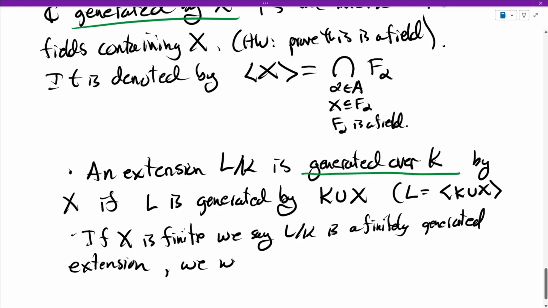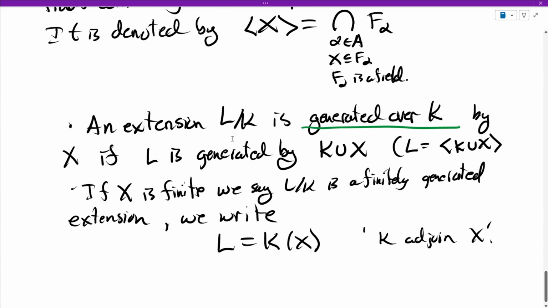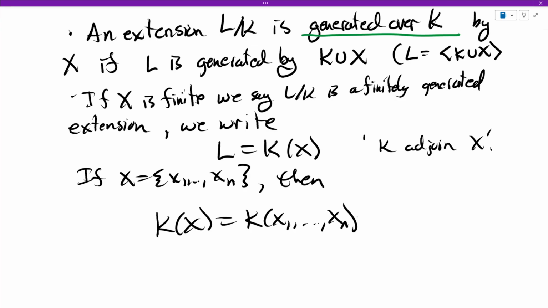And we write for this, L is K, and then parentheses X. We will often say K adjoin X. Moreover, if we write X as x1 through xn, then we'll often use the notation K adjoin x1 through xn instead of K adjoin X. That's the notation we've been using, well, when there's a single element at least.